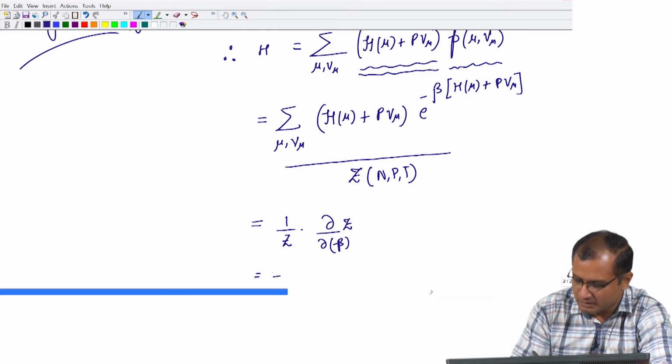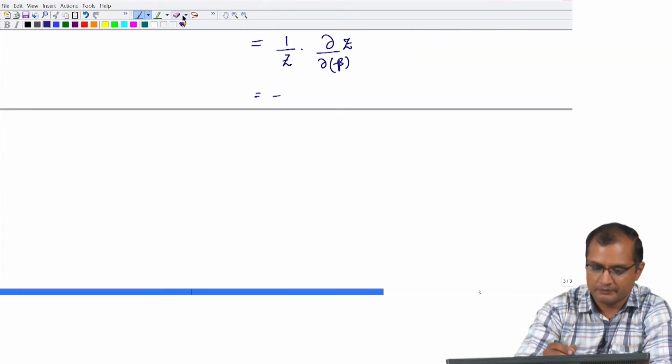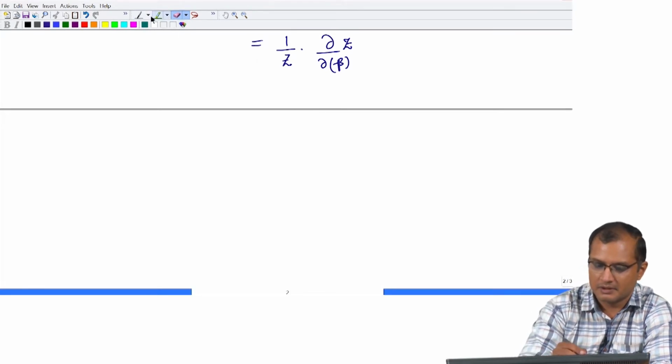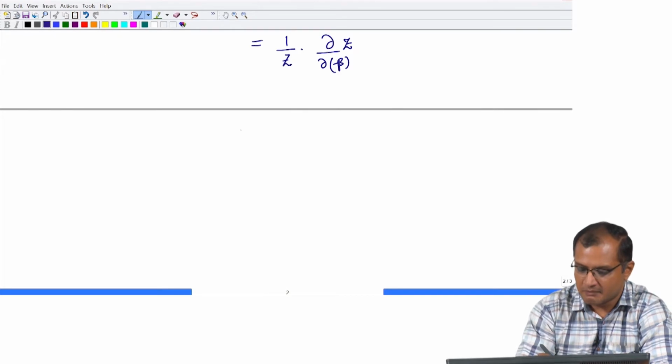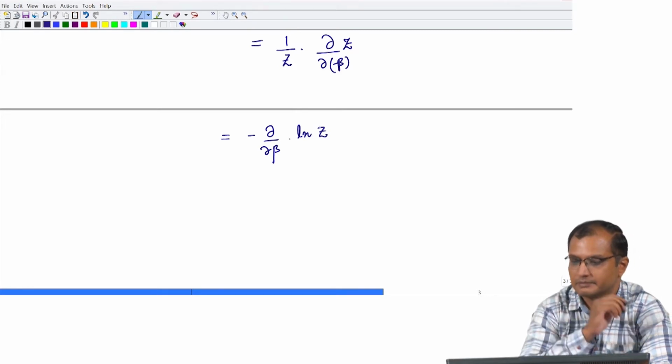If I pull out a minus sign, this is nothing but minus d by d beta of ln Z.